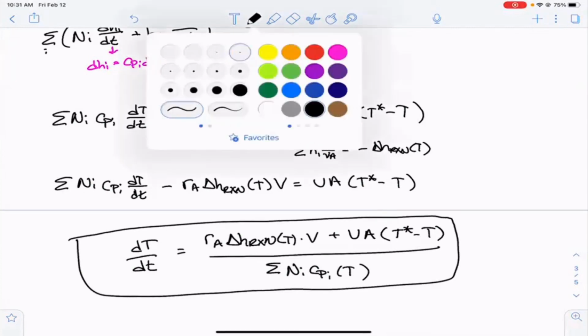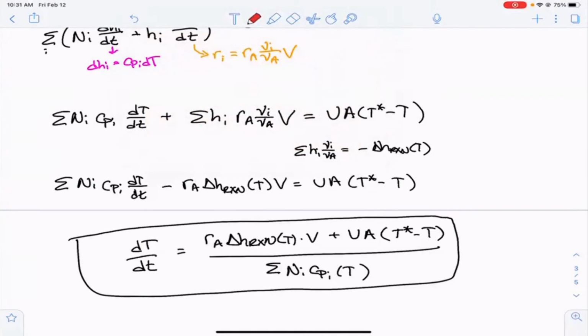And that is the result of our energy balance for a batch reactor.